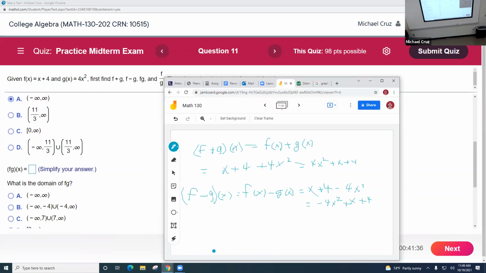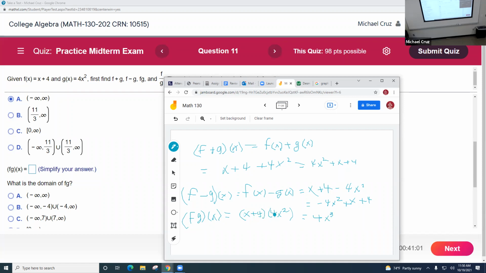So it's not even binomial multiplication. It's just a monomial times a binomial. So it's going to be x plus 4 times 4x squared. And so that's going to give us x times 4x, so that's 4x cubed.